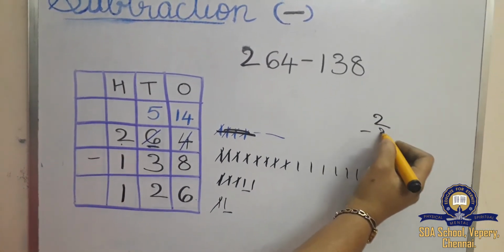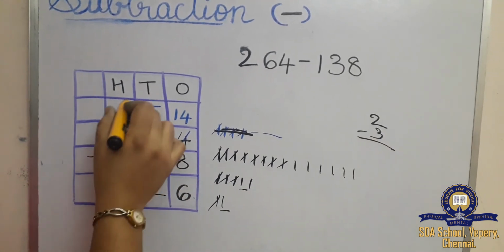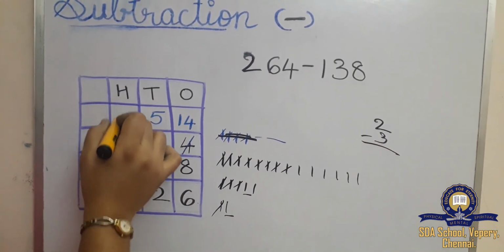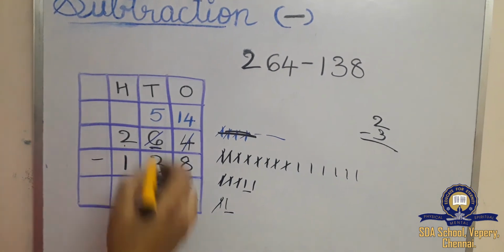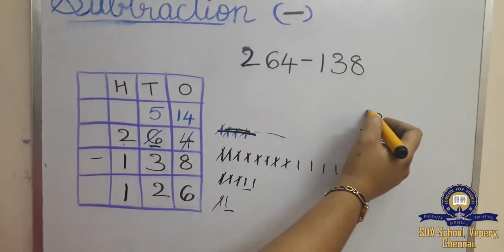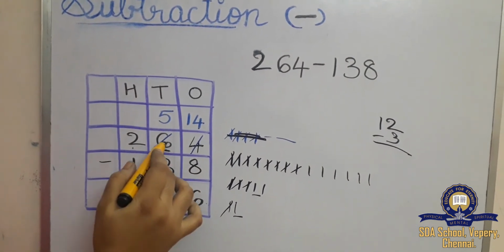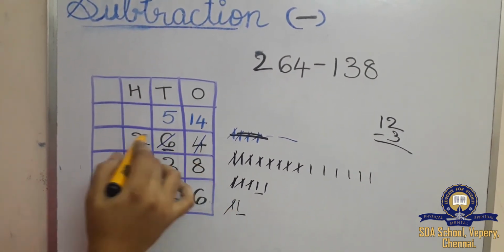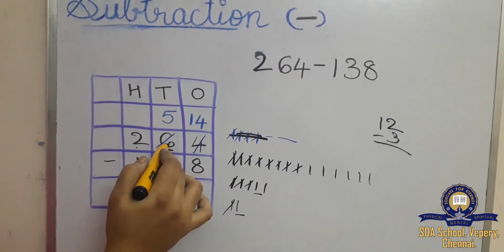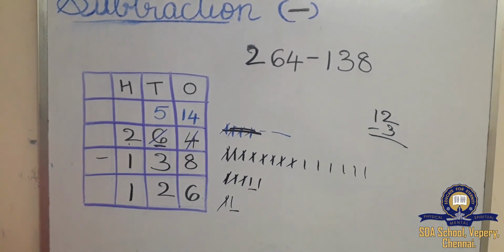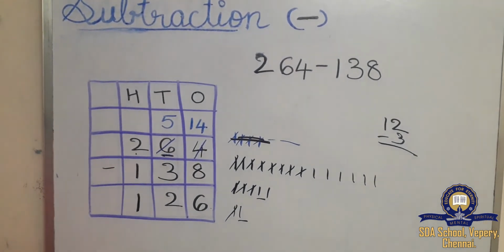So we can borrow 1 from here and this hundreds will become 1, and this one will become 12. Understood? So we can borrow one number from the tens side and also from the hundreds side. In the next class, I'll tell you in detail about this process.